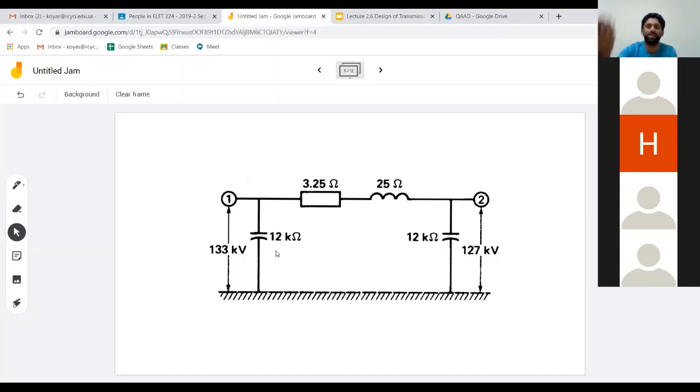XC case, it will be just opposite of the other. So of 6,000, it will be 12,000 on this side and 12,000 on the other side. So like this, there will be an equivalent circuit. Now you designed a transmission line. This is what is meant by design of a transmission line.